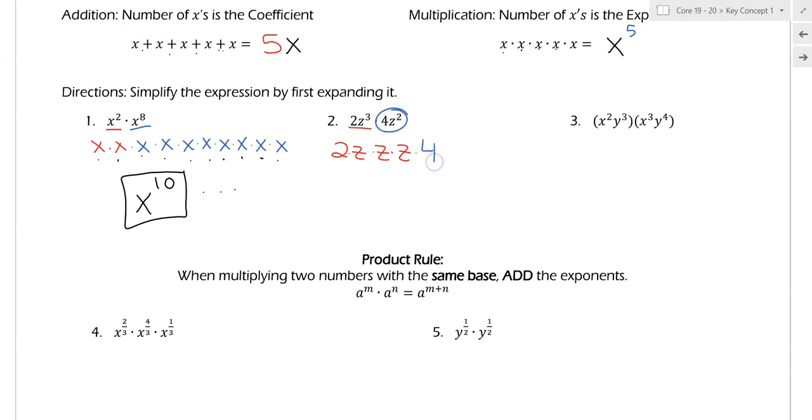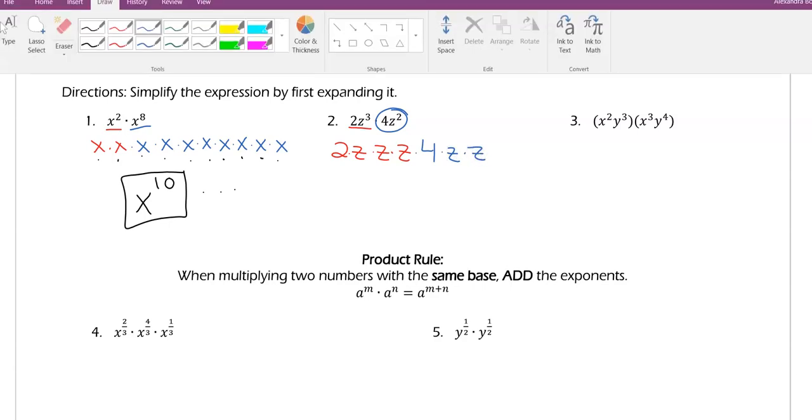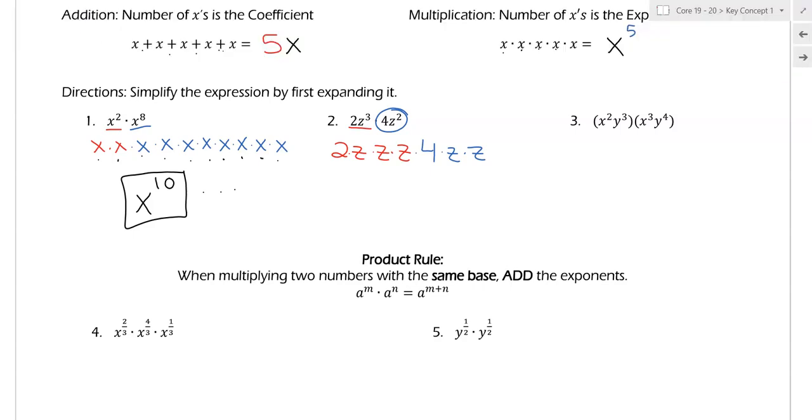There's 1, 4, and 2 z's. So if I have a 2 and a 4, 2 times 4 is 8. Nice and easy. And then how many z's do I have? We have 5.